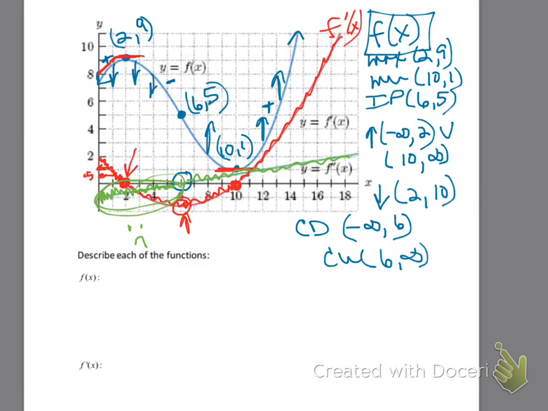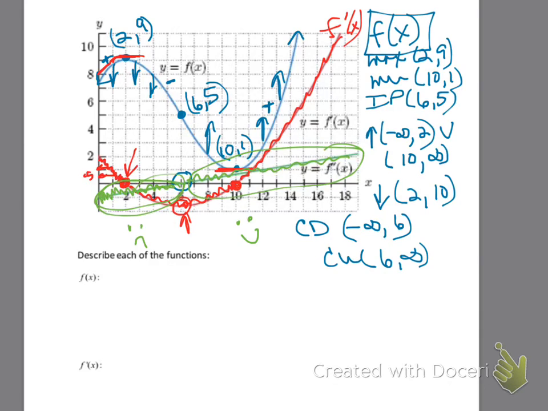I'm concave down, which is what I'm seeing looking at my function. The turning point of the concavity is at the inflection point, where my second derivative equals 0, and then all in here, my second derivative is above the x-axis, so it's positive, which makes it concave up.